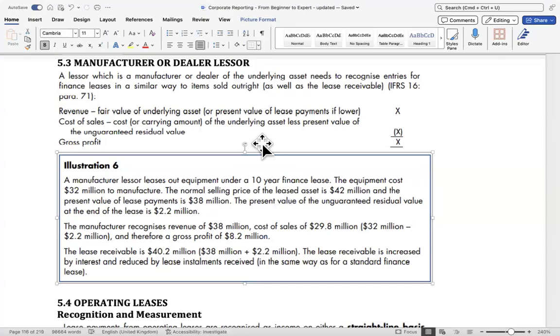So we're already spreading it, but we can't spread this gross profit, because when you sell goods, you would have recognized it at the date when you transferred the goods, and this guy is transferring the goods immediately at the inception of the lease. So, good question.